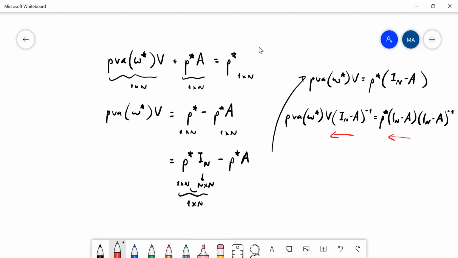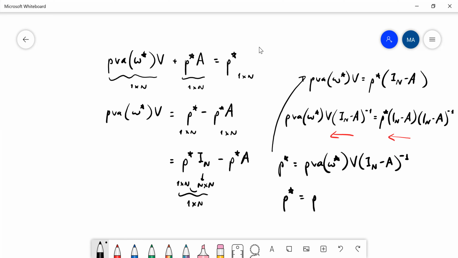Okay. So then I have p star equals price of value added times V matrix times the Leontief inverse. Okay. Now realize that I expressed p star as a function of omega star only. Okay.